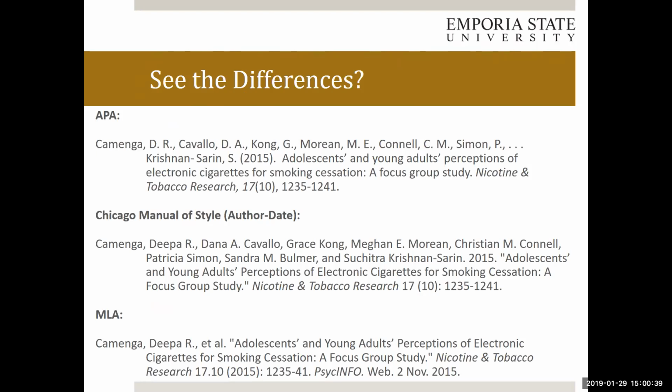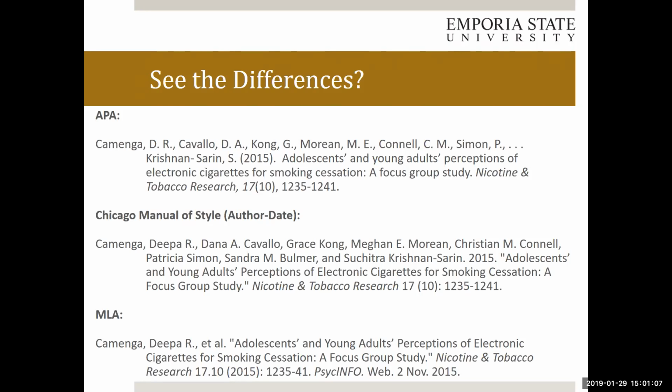I said just a few seconds ago that in APA style, we focus a little bit more upon the year in parentheses, and you'll notice this with the first APA citation. The other thing you'll notice is that in APA, this is for a journal article, we're not using double quotation marks around the title of the journal article. In contrast to that, we do use double quotation marks around the title of the journal article in Chicago and also MLA.